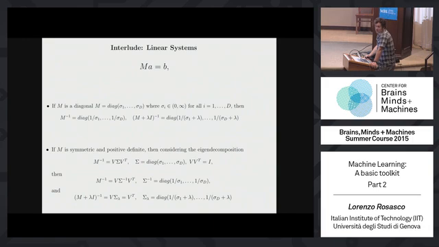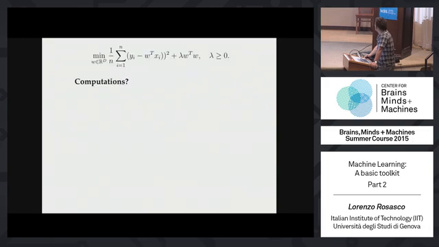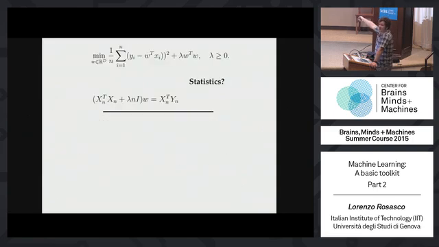Okay? And that's what we have, because what we have is exactly this matrix here. And you see here that basically this depends a lot on the dimensionality of the data. If the number of points is much bigger than the dimensionality, this matrix in principle is more likely to be invertible.